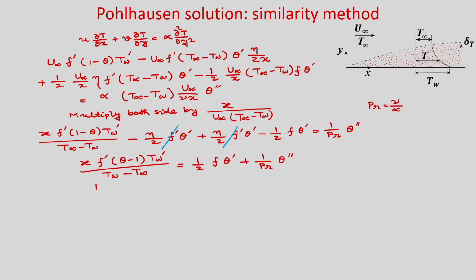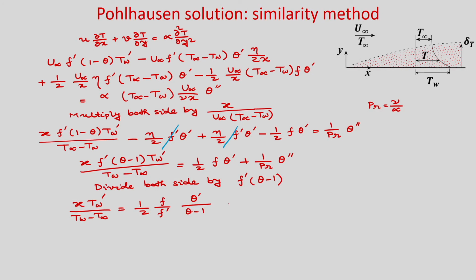Now, divide both sides by f prime (theta minus 1). Okay. So, if you rearrange it, you will get x T w prime divided by T w minus T infinity is equal to half f by f prime theta prime by (theta minus 1) plus 1 by Prandtl number 1 by f prime theta double prime by (theta minus 1).